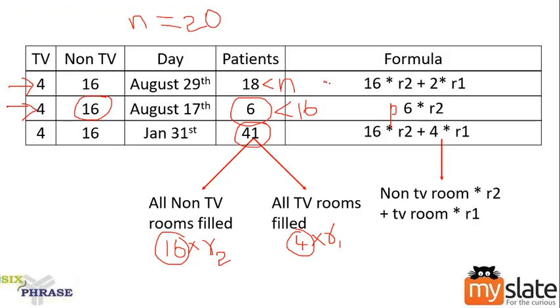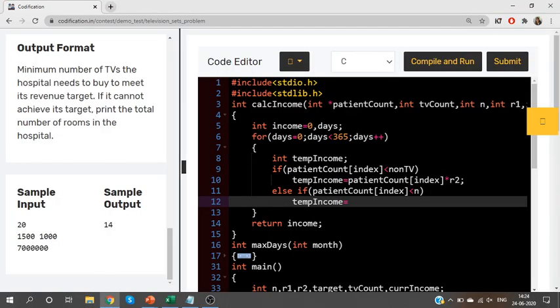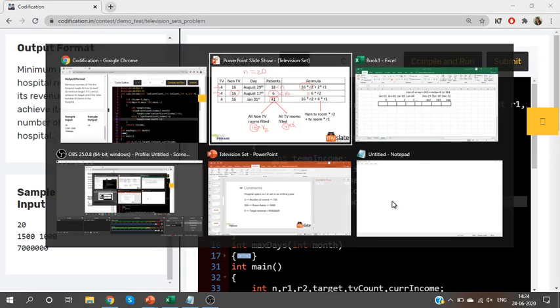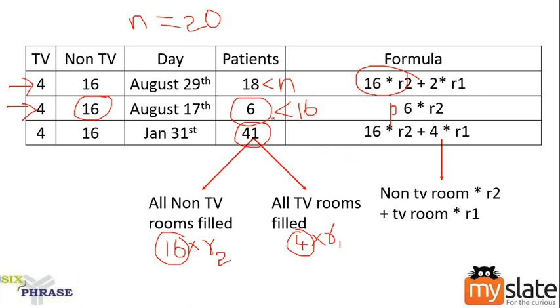What will you do? As much as possible, non-TV rooms will be completely filled, not partially filled. Whatever count you have for non-TV, it is fully filled, so full cost is obtained. But TV room is not going to be fully filled.